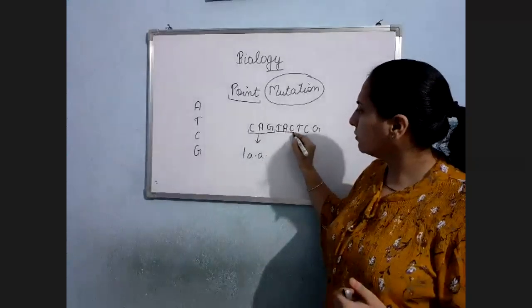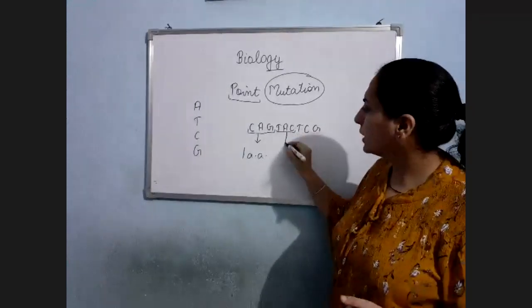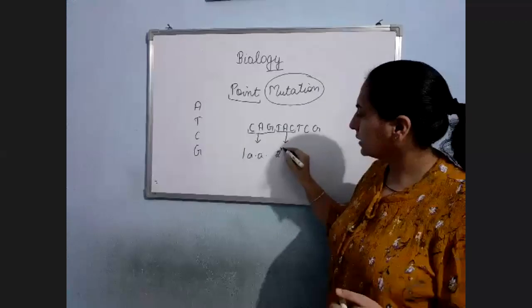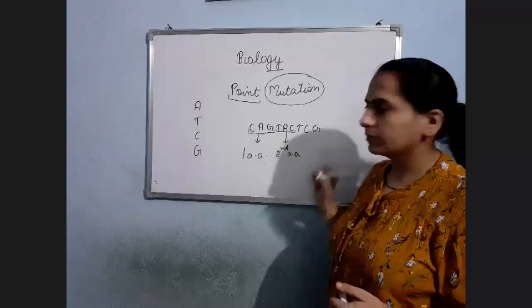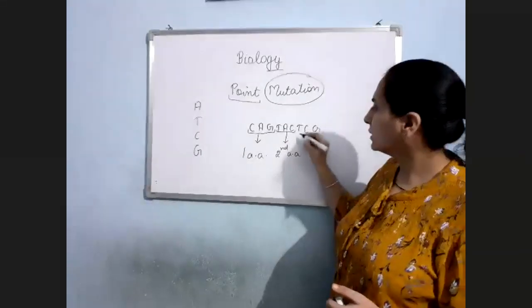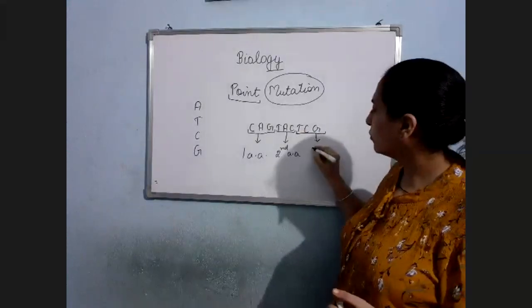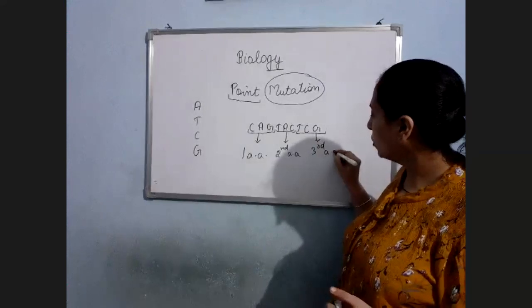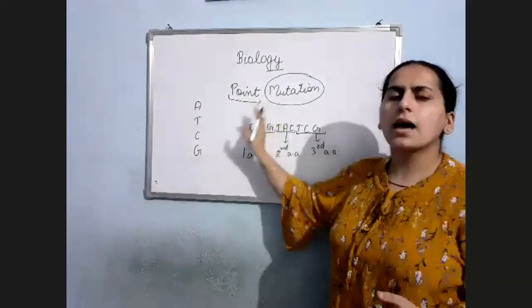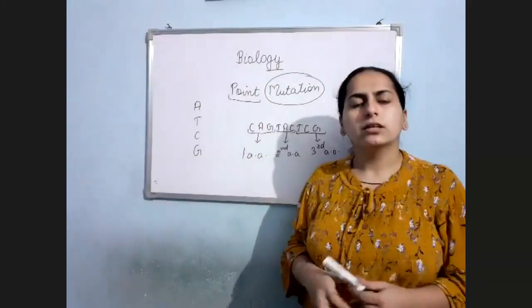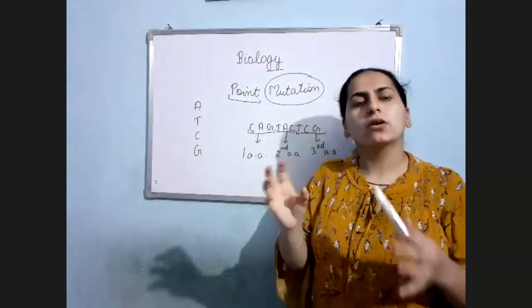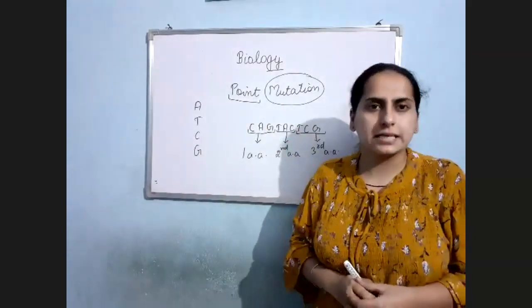These 3 will work together and they will make the second amino acid. And in a similar way, these 3 will work together and they will code for the third amino acid. This is happening naturally in our body. 3 nitrogenous bases are coding for 1 amino acid.